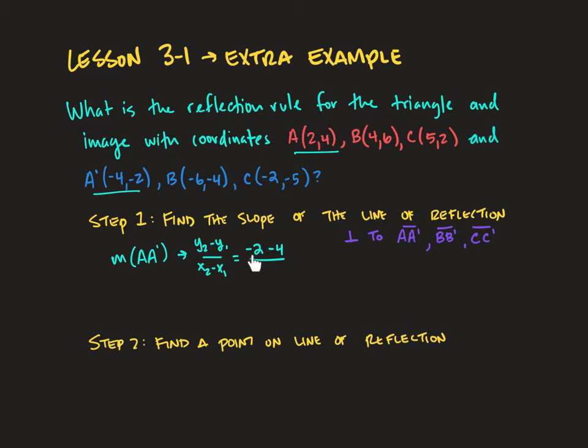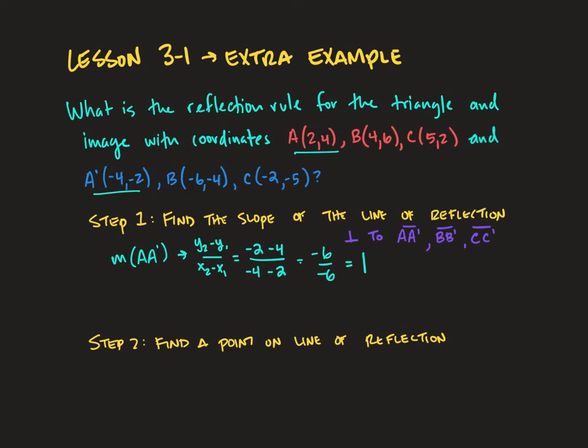That negative 2 right here is the y coordinate for A prime, and the 4 is the y coordinate for A. And then I'm going to do negative 4 minus 2. Again, this negative 4 is the x coordinate of A prime. This 2 is the x coordinate of A. So that's going to give me negative 6 over negative 6, which is a slope of 1.